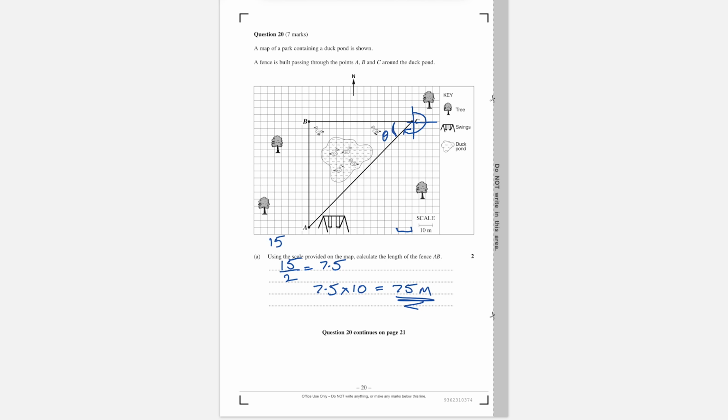And we knew from part A that this is 75 meters. And counting up the squares on this other side, B to C, 2, 4, 6, 8, 10, 12, 14, 15. So this is also 75 meters, which means this is an isosceles triangle.